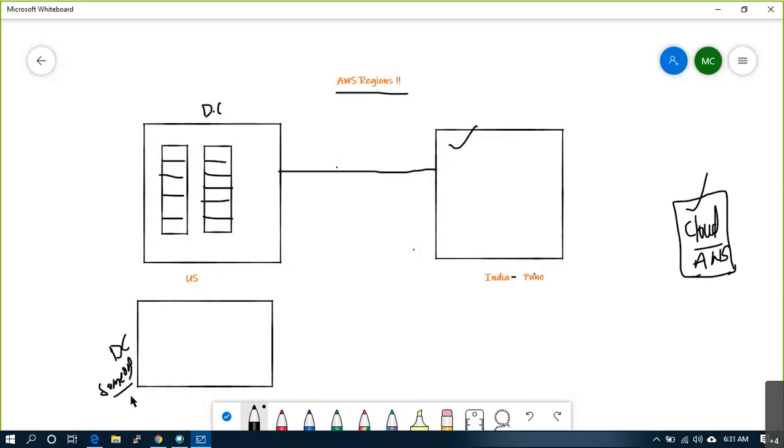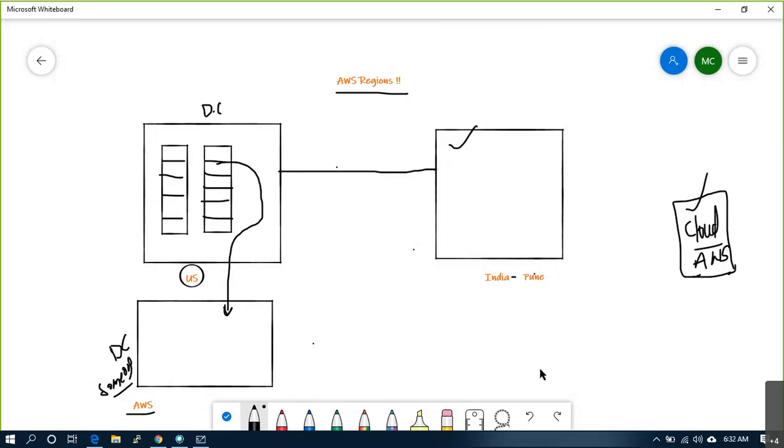Who is this someone else? In our scenario, AWS. Now you have chosen AWS as your cloud partner for the next 3 years, and you have a data center in the US, and you're planning to move all these servers from here to here.